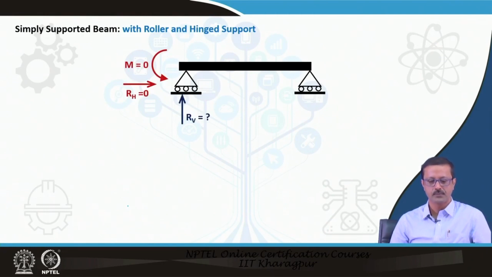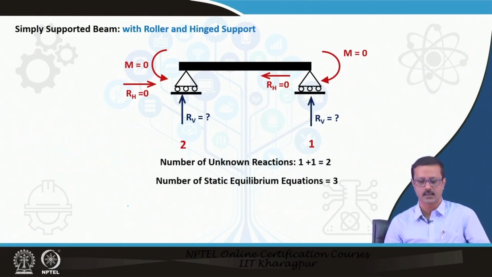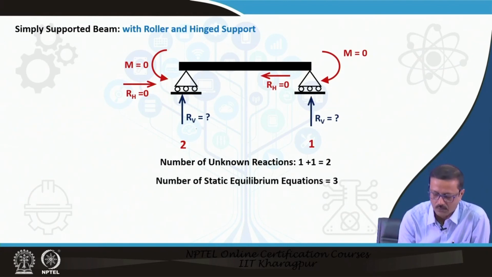Now, simply supported beam with the roller and the hinge. Now if I have 2 hinges with the roller hinges, so I have one unknown. I think this is a mistake, this should be 1. So, this is 1 unknown and this is another 1 unknown.